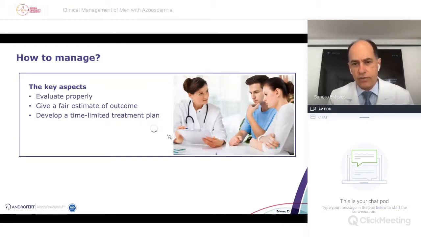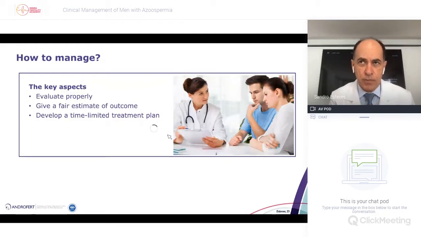And here you can see three different scenarios. We may have a patient with hypospermatogenesis. Hypospermatogenesis means that the patient has all layers of spermatogenesis in the testicle, but these layers are reduced in size.